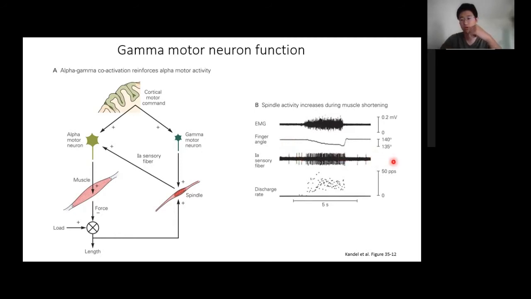However, what we record shows that the muscle spindle did sense something. So this provides evidence that the gamma motor neuron should be active at the same time to keep the muscle spindle taut. Unfortunately, we cannot directly record the gamma motor neuron activity because it is very small, so it's very difficult to record. That's why they use this indirect evidence for gamma motor neuron activation.